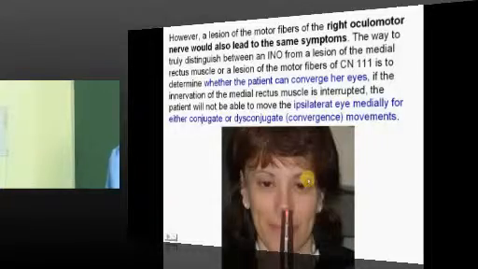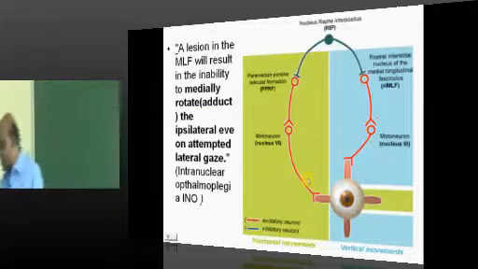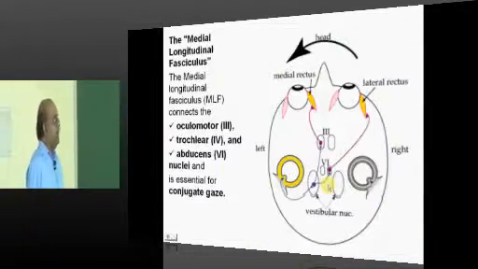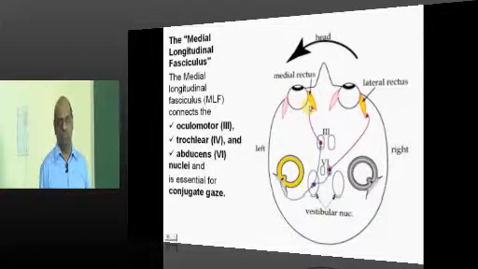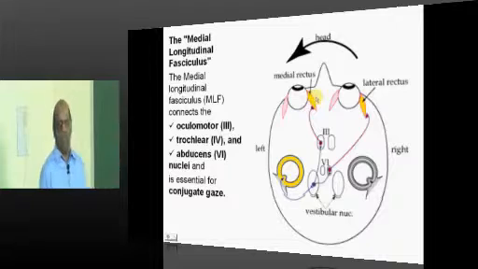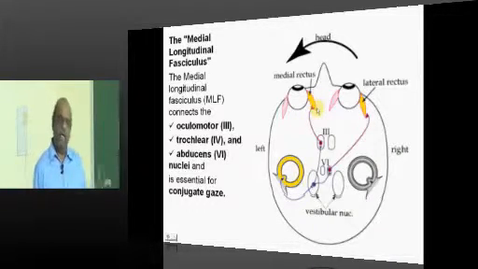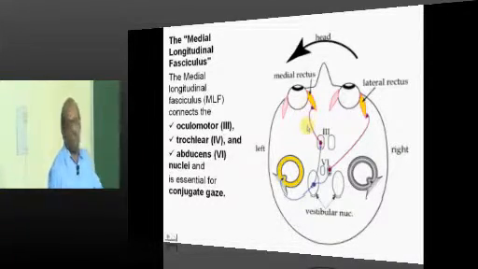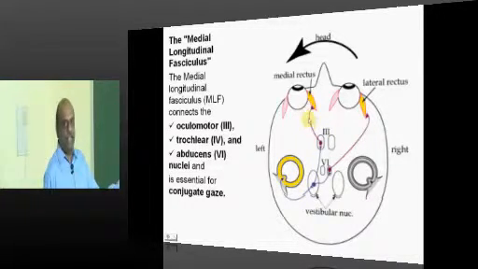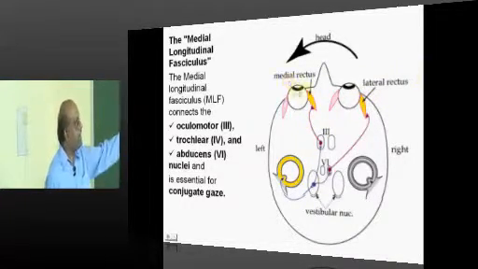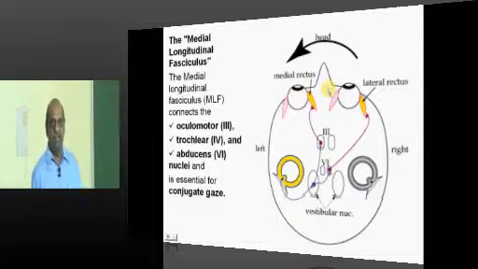Now comes an important challenge. Sir, the adducting eye is not adducting. That can also happen if the oculomotor nerve injury is there. Suppose if the oculomotor nerve palsy is there, even when this eye is abducting, this eye may not be able to adduct.